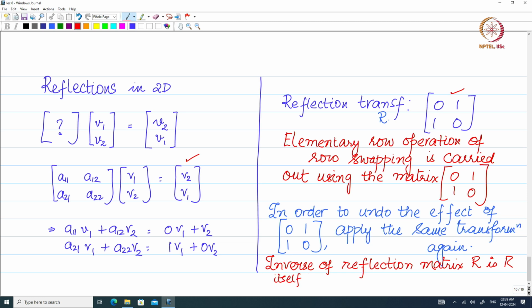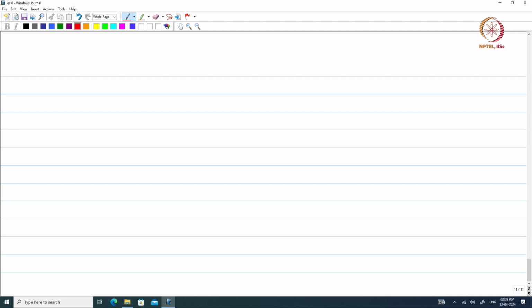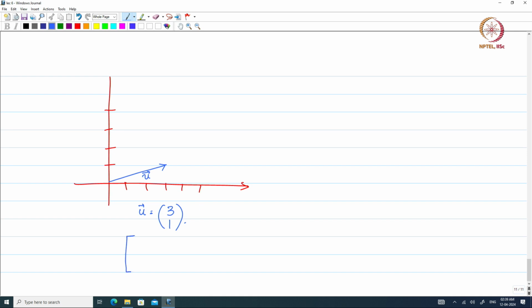Now, let us see what actually happens. Say for example, I have this vector, let us say 3 1, which I call the vector u, given by 3 1, and I apply this matrix 0 1 1 0 on 3 1.